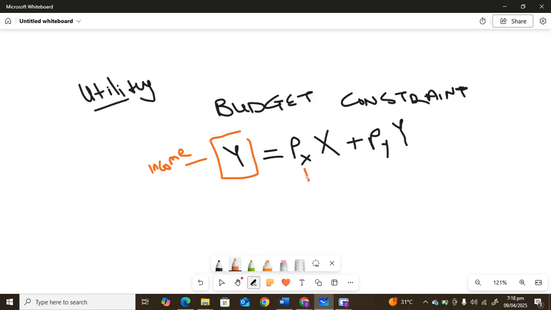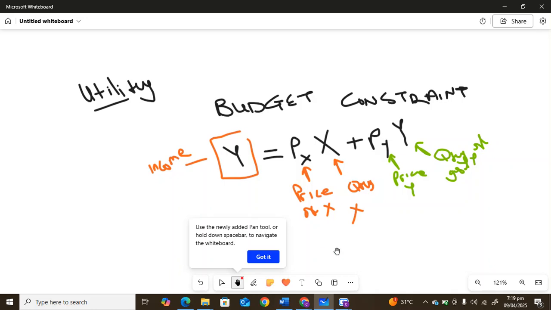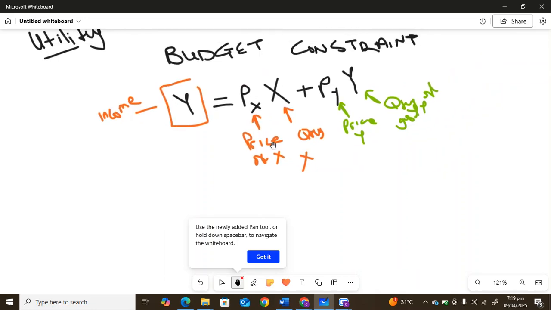Here Px is the price of good X, and X is the quantity of good X. Py is the price of good Y, and Y, this big Y, is the quantity of good Y. And what we have is our budget constraint equation.